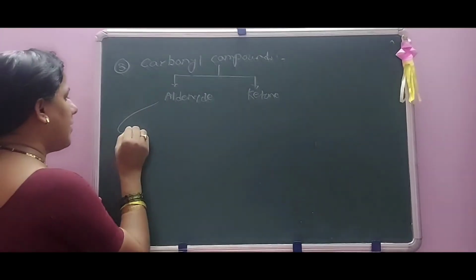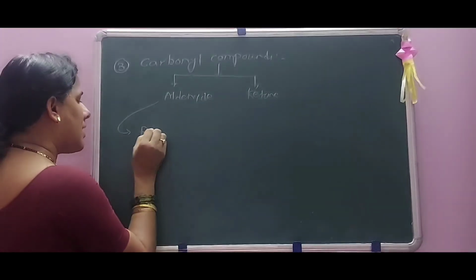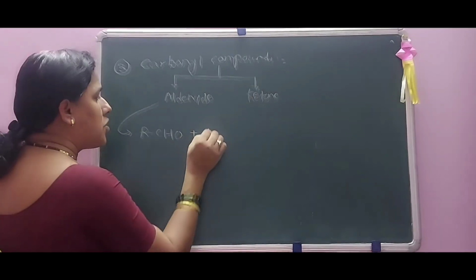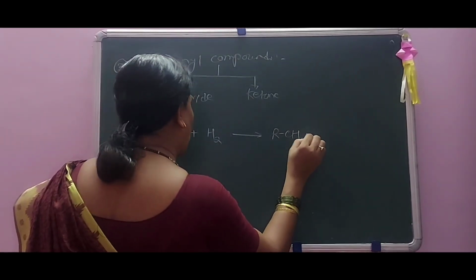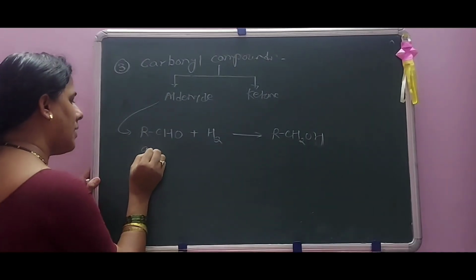If an aldehyde, that is RCHO, undergoes reduction, it will give rise to RCH2OH. Here it is an aldehyde.